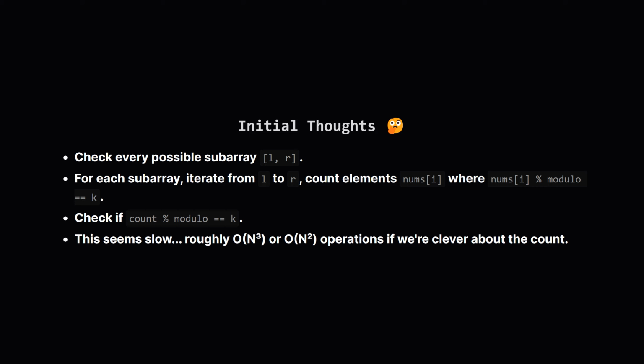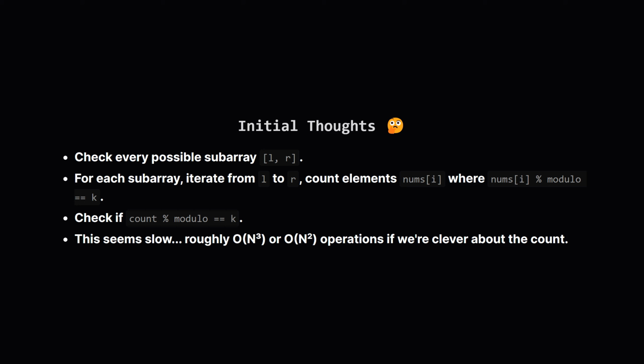Okay, the first idea that usually pops up is brute force. We could just try every single possible start L and end R for a subarray. For each subarray we define, we'd loop through its elements, count the ones that satisfy our num percent modulo equals k condition, get the count cnt, and then check if cnt percent modulo equals k. If it is, we increment our total answer.